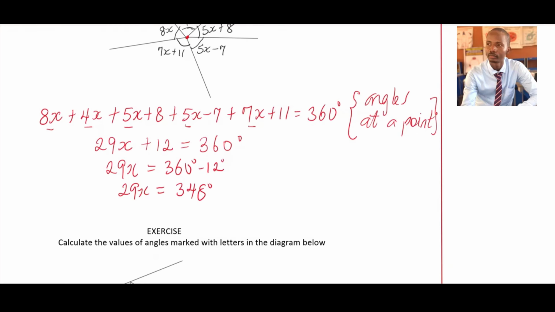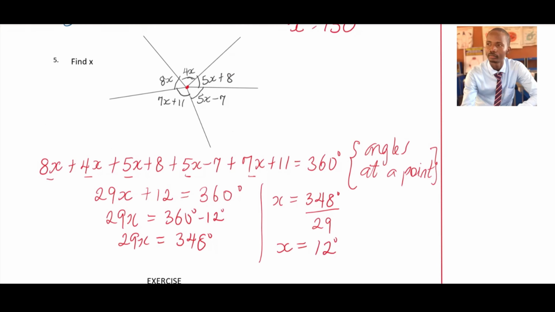Dividing both sides by 29, we have that x is equal to 348 divided by 29, and that gives us that x is equal to 12 degrees in this particular question, question 5.